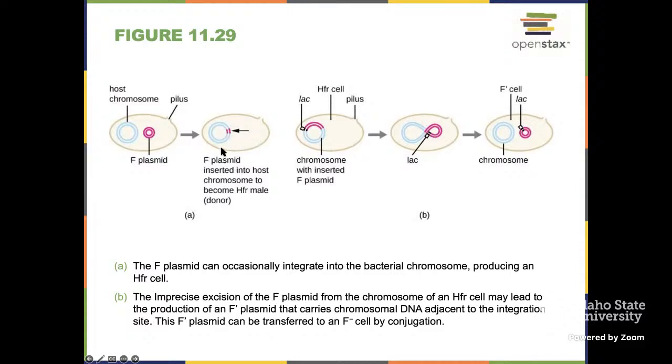So now this cell is an HFR, or a high frequency of recombination. We also call these cells promiscuous because they would like to conjugate all of the time. That's kind of the idea. If this cell wants to replicate every 20 minutes, it would also like to conjugate every 20 minutes, all right?